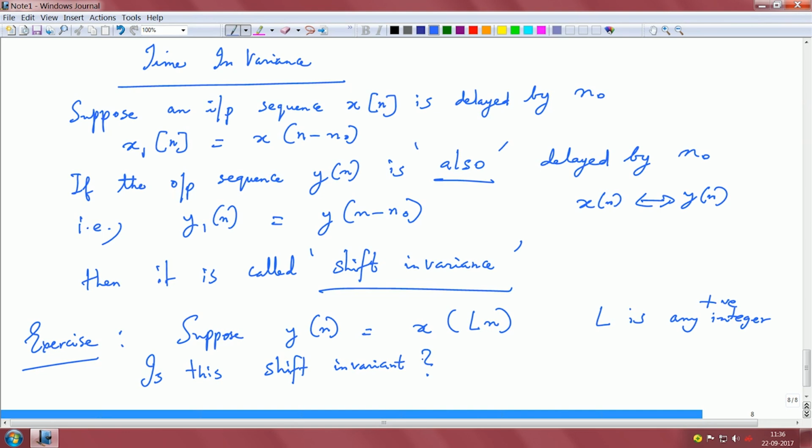I said y of n is x of L times n, and this process is called decimation, and we will deal with this extensively in the multi-rate signal processing module. So, I want you to examine if this decimation process is shift invariant.